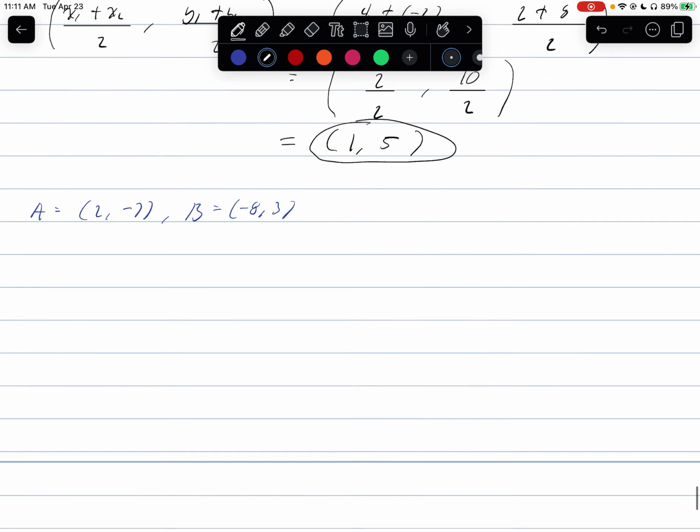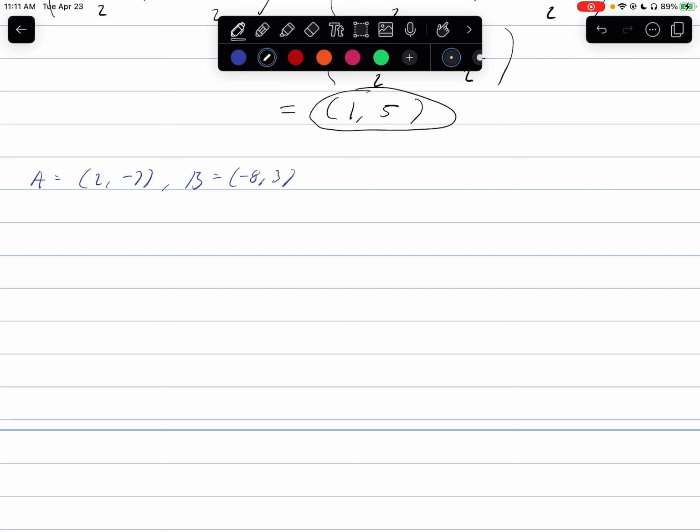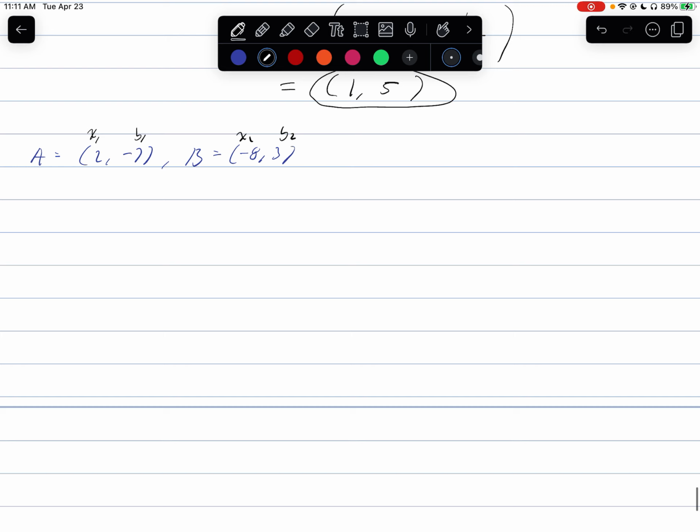Okay, and let's try this one. Here we have A equals (2, -7) and B equals (-8, 3). We're going to say that A is point 1 and B is point 2, because why not? So this is x1, this is y1, x2, y2. We're going to have x1 plus x2, so 2 plus negative 8 over 2, and then y1 plus y2, so negative 7 plus 3 over 2.